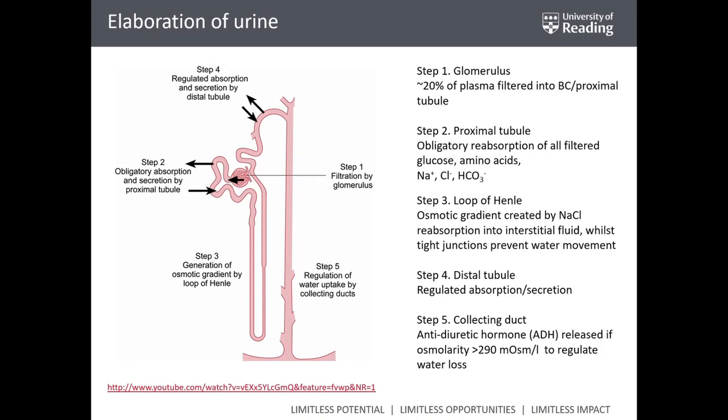Okay, so as I concluded last time, after the plasma is filtered through the glomerulus in the Bowman capsule, the filtrate gets conveyed into the proximal convoluted tubule.